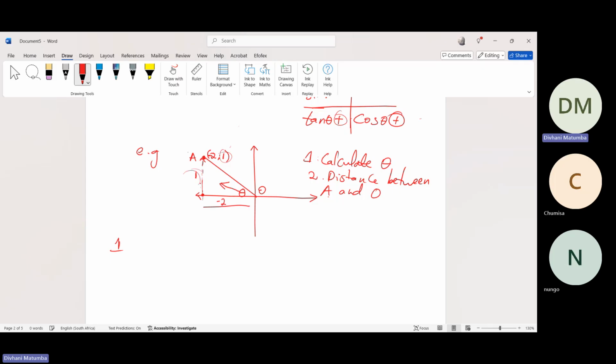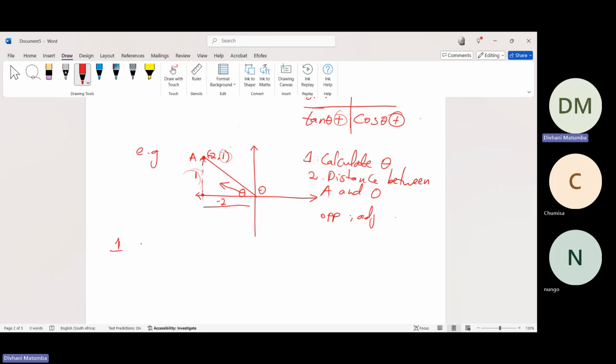The 1 is opposite. And then the -2 is the adjacent. So which co-ratio can we use? Opposite and adjacent. We use tan.